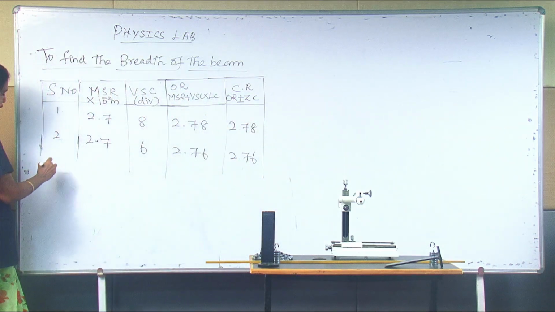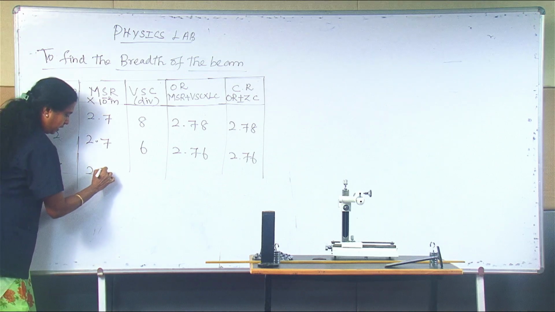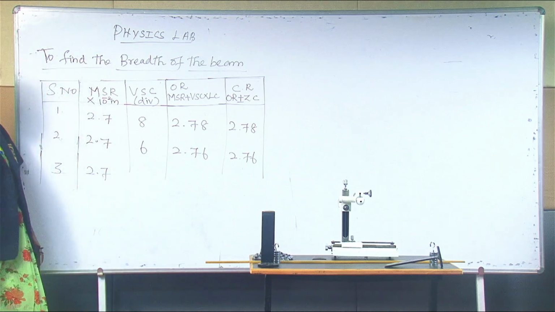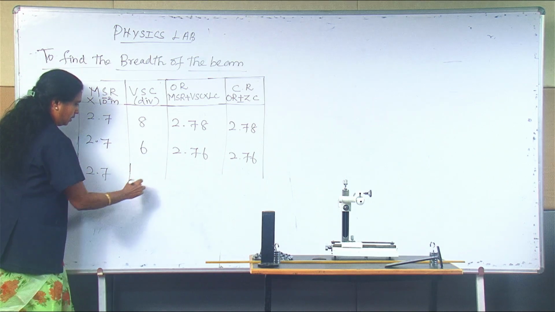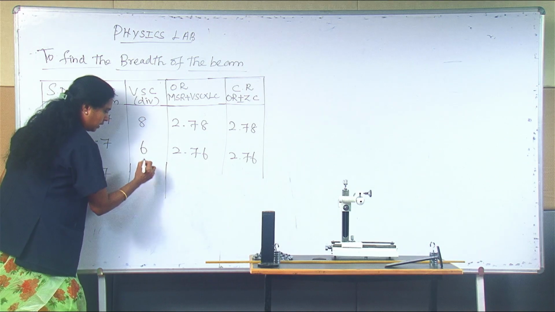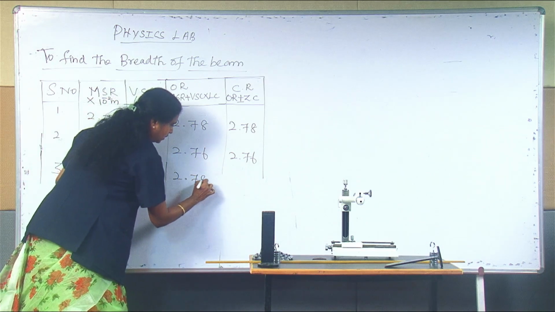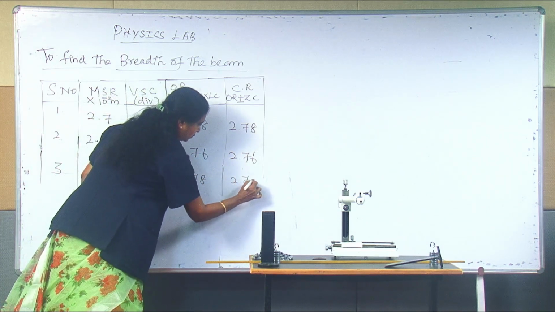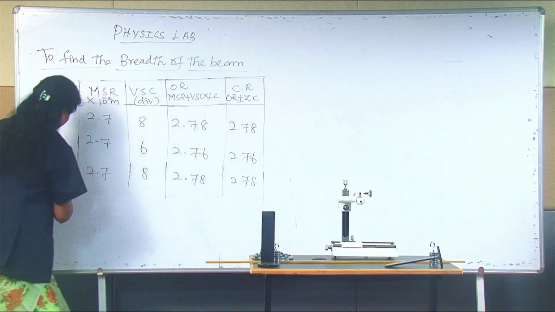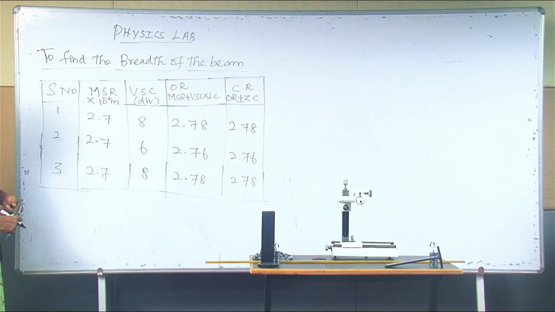And for the third position, once again I got 2.7, and it may be some 5 or 8. Once again I will get 8. So it is 2.78, and here also 2.7. So this is for the same material.